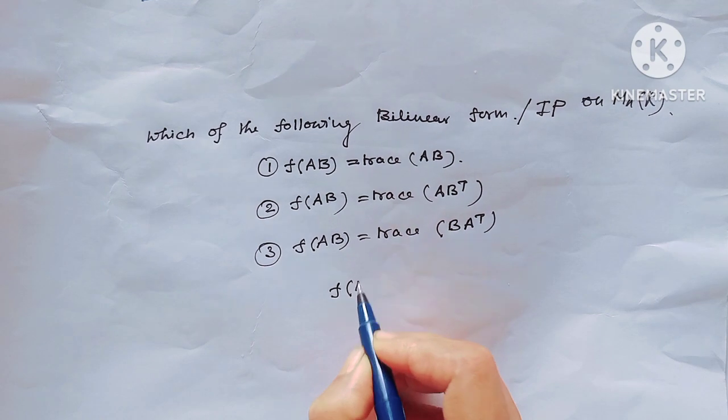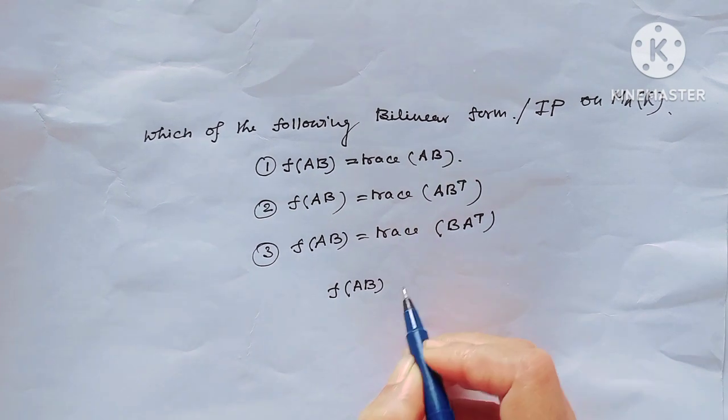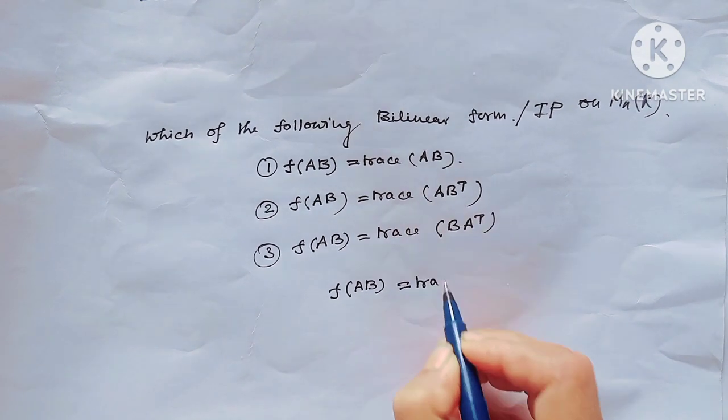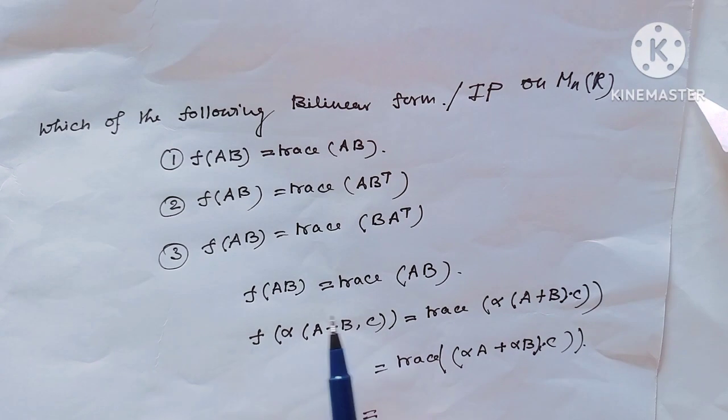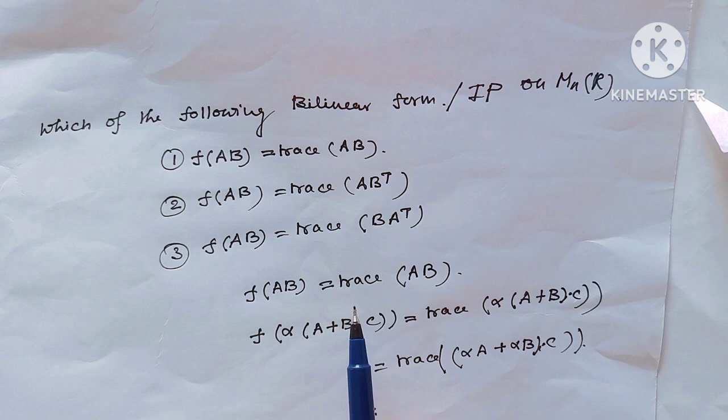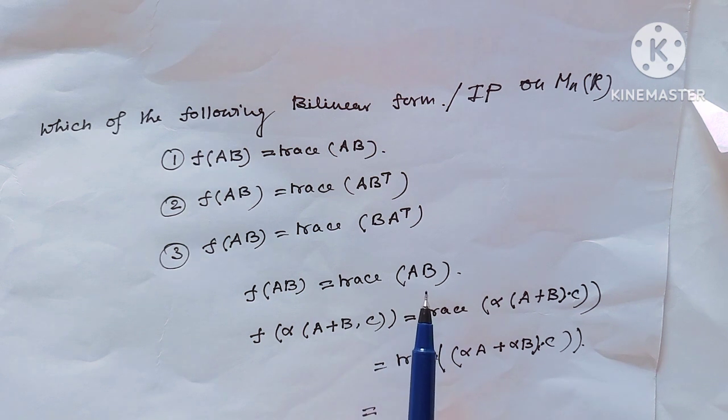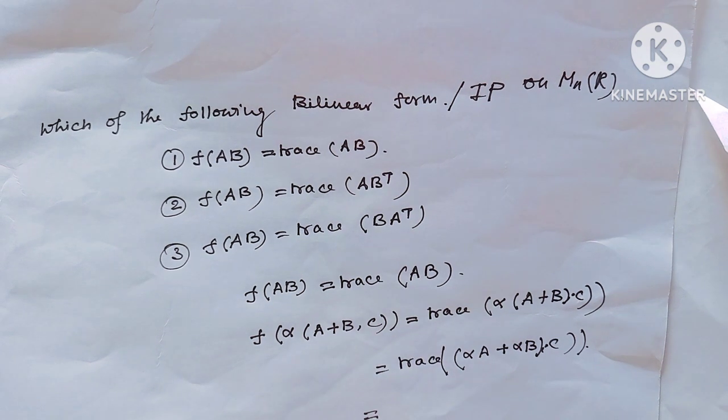For this, first f of (A, B) equals trace of AB. First I will check the bilinear form. This is the first question. For this, first I will check the linear property for the bilinear term.